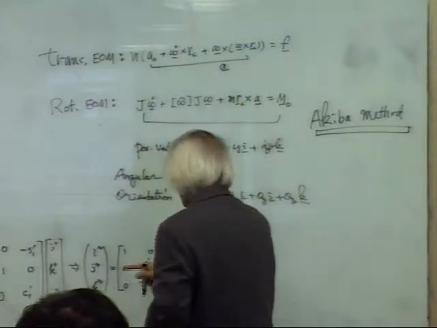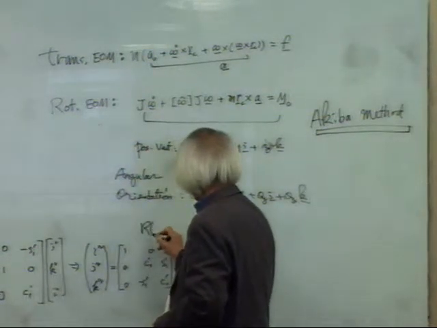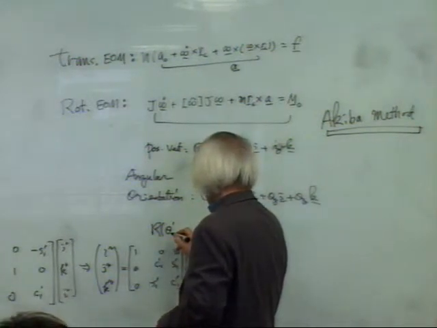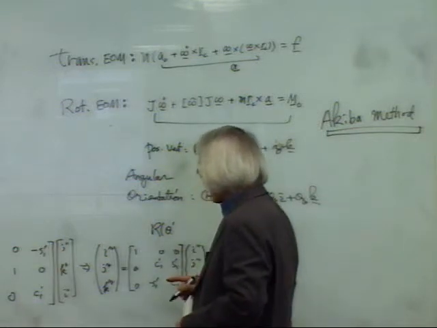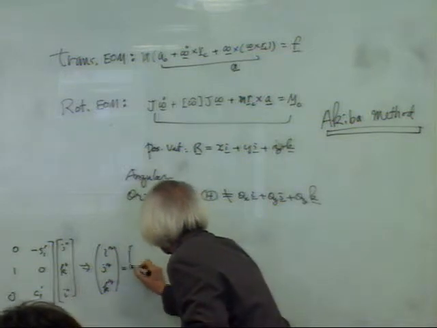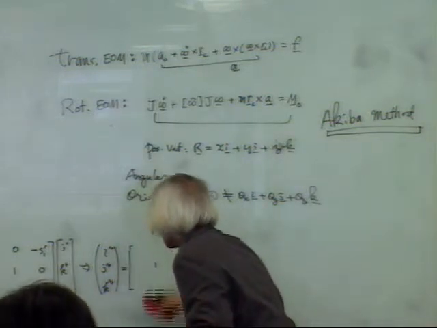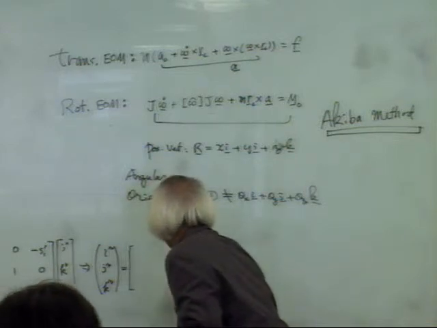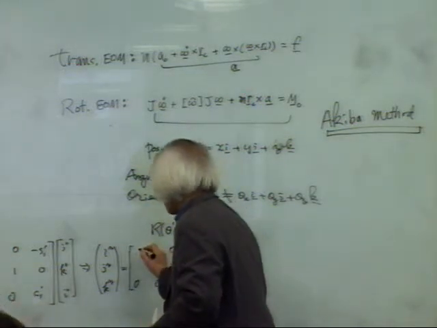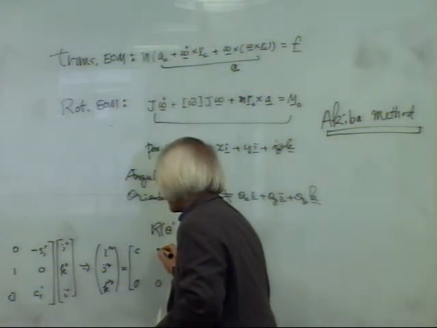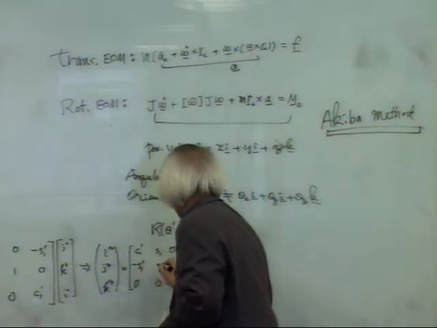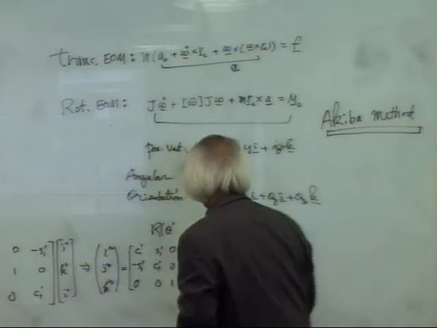Okay. So this I will call R theta X. Sorry. So 1, 0, 0, 0, 0, K, C, S, minus S1 prime, C1 prime, like that.